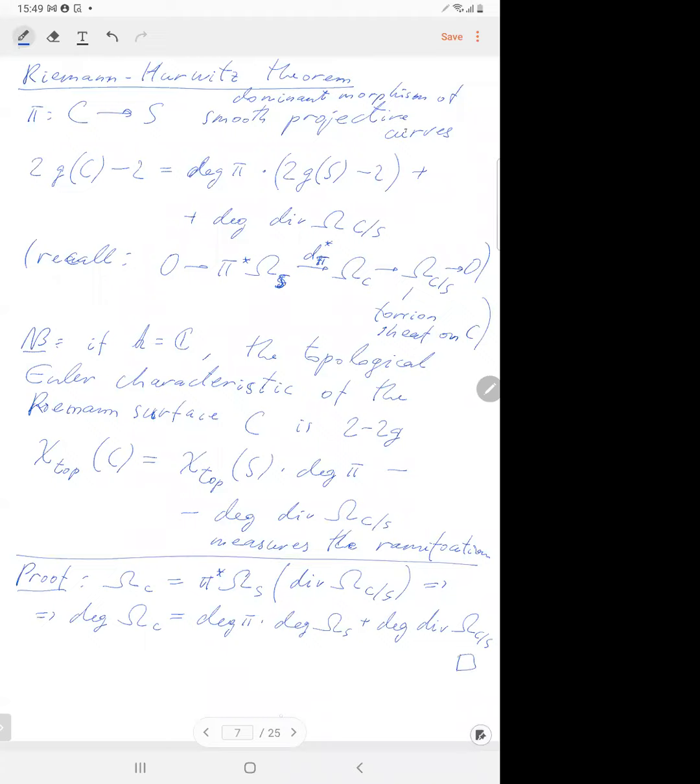Fine. Now we can derive something for just the double cover specialization. Well, the particular case when the degree of pi is 2. And how do you construct double covers?